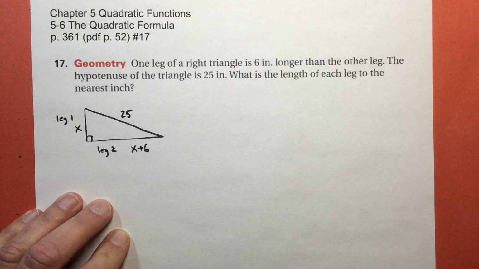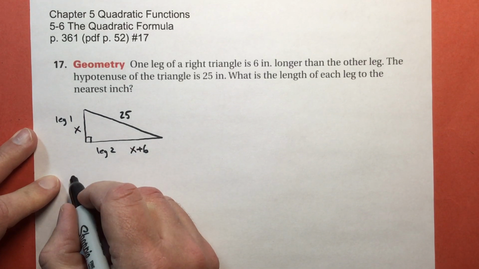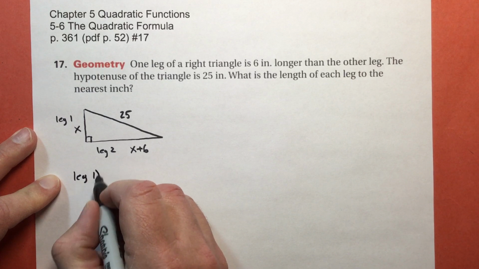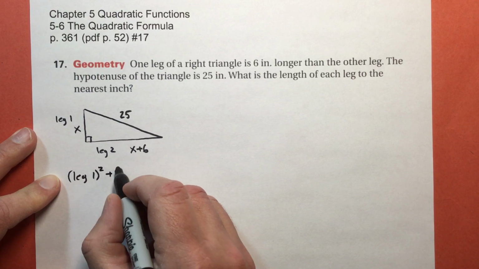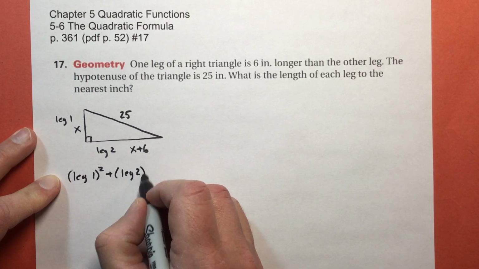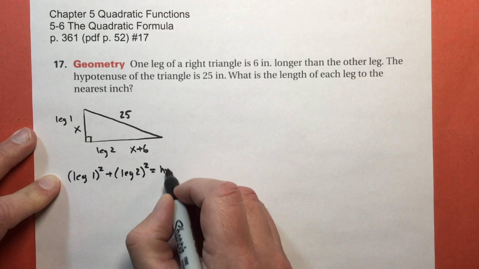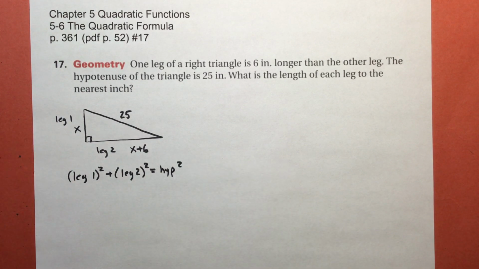It's a right triangle. I remember leg 1 squared plus leg 2 squared equals hypotenuse squared. Now, I know you probably remember a squared plus b squared equals c squared. Why am I not using a, b, and c? Because we're using a, b, and c for the parameters for the quadratic.